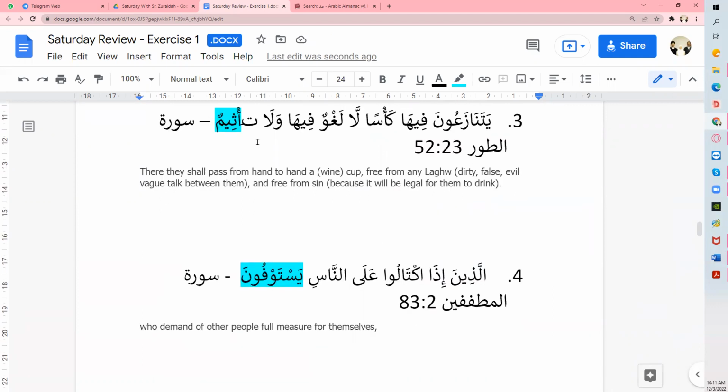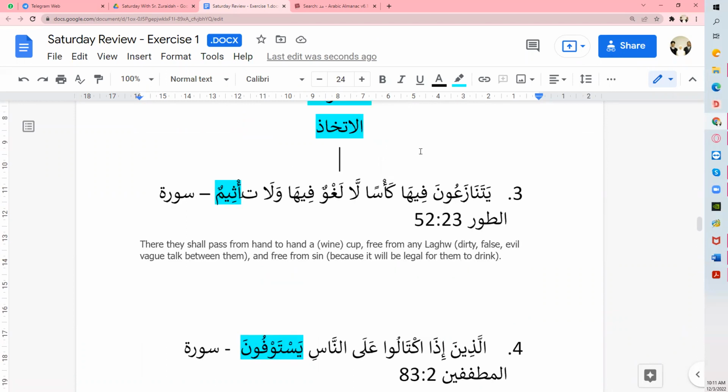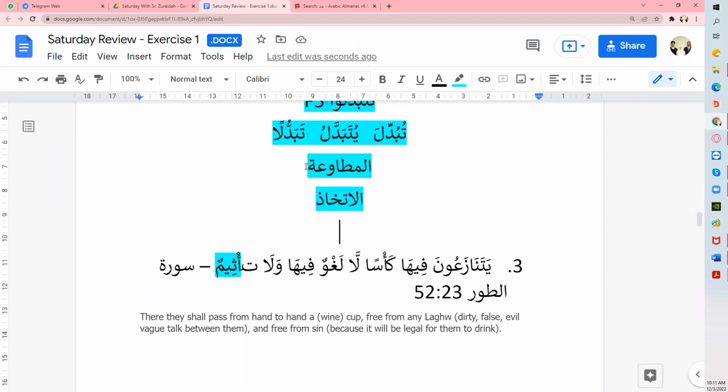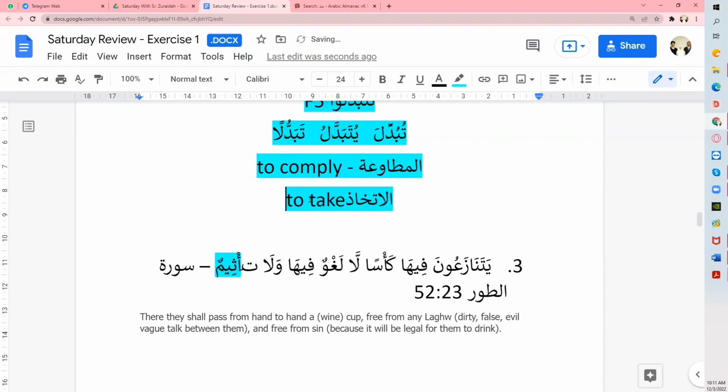This is quite interesting. Can you put in brackets on the notes in English what mutawa'ah is? To comply. Okay. Thank you. Comply. And this one is to take, to use for something else.